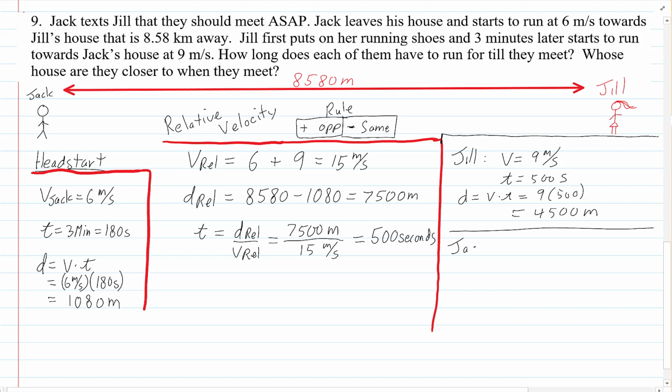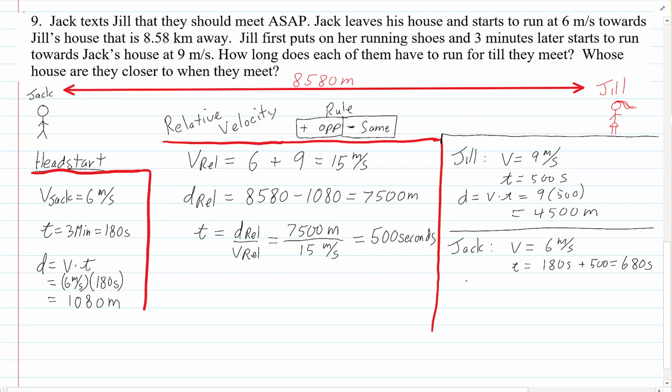Jack, on the other hand, has been running at 6. And the time that he's been running, he ran for 180 seconds to begin with, and then ran for another 500 seconds. So he ran for 680 seconds.